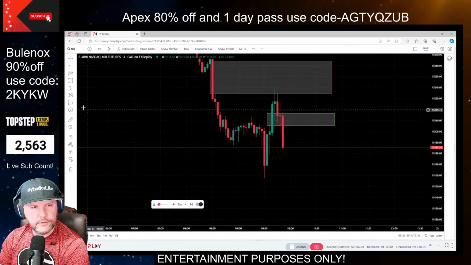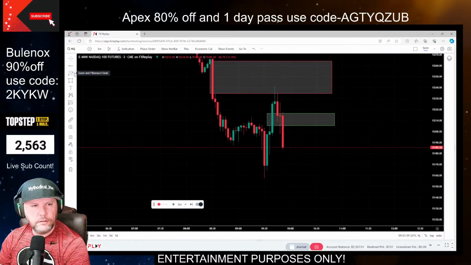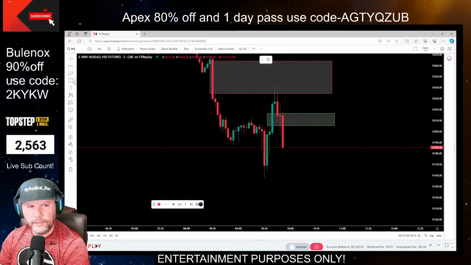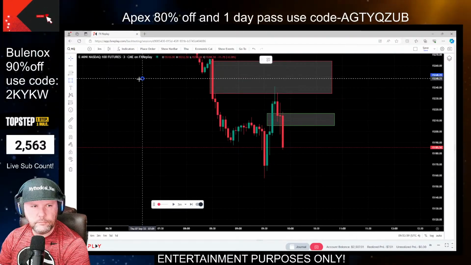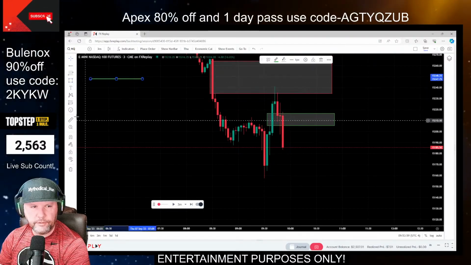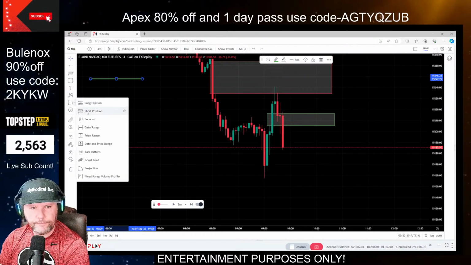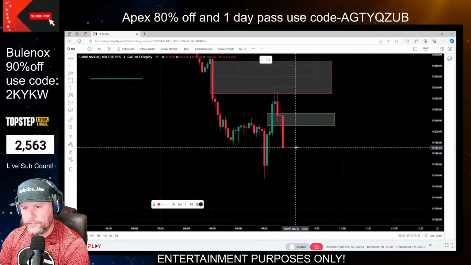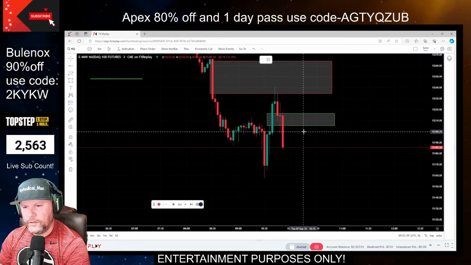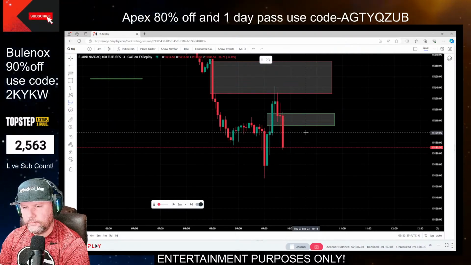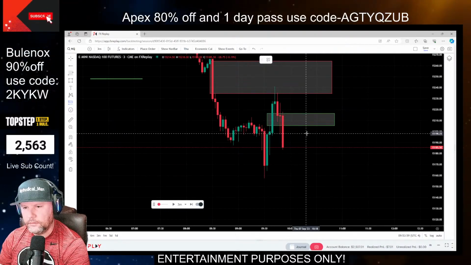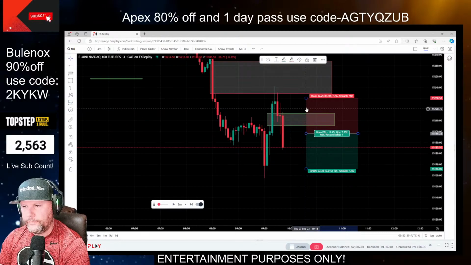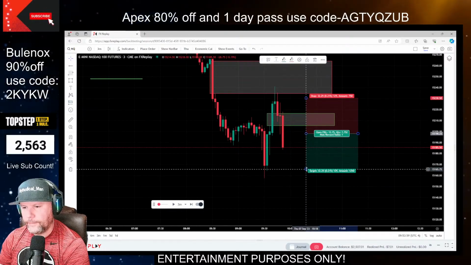I think it still works, but there's always a chance that we just get wrecked. There's always a chance. This might be one of those where we wait for a pullback to enter. Let's do that. Let's wait for a pullback entry here.